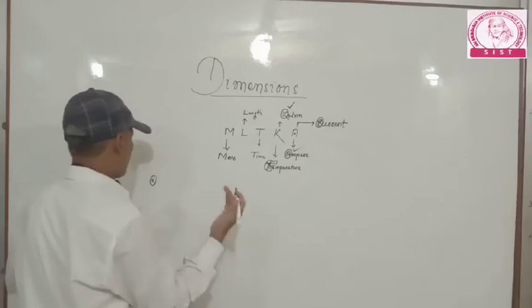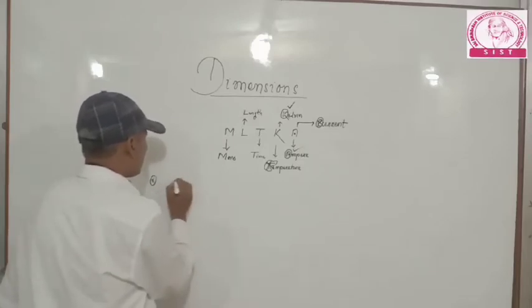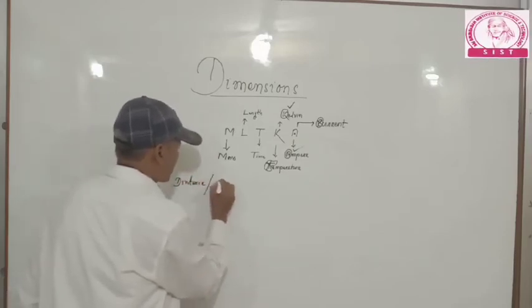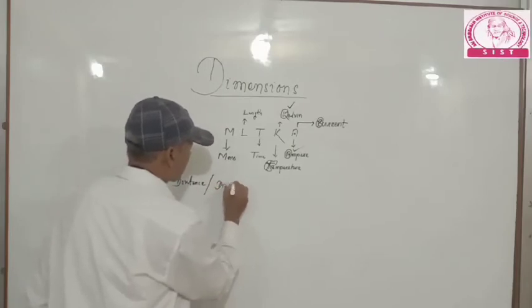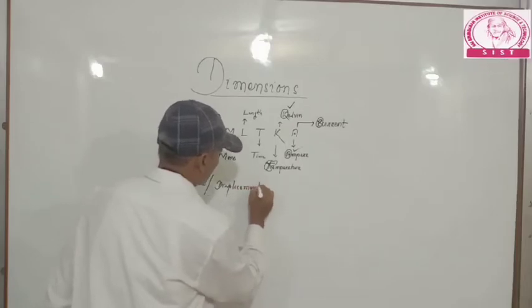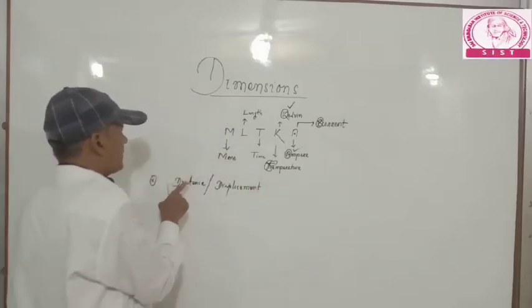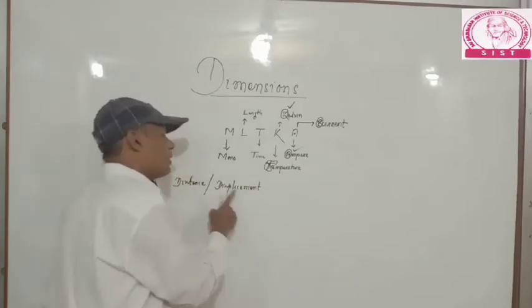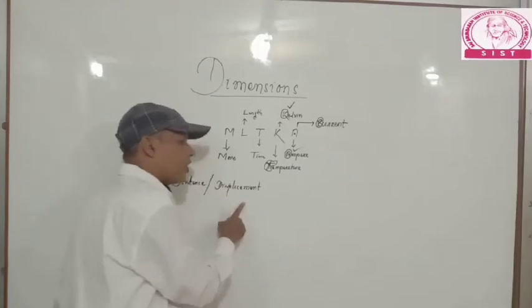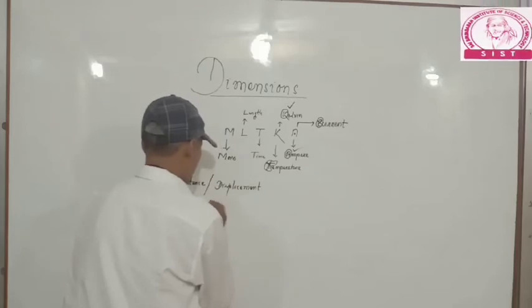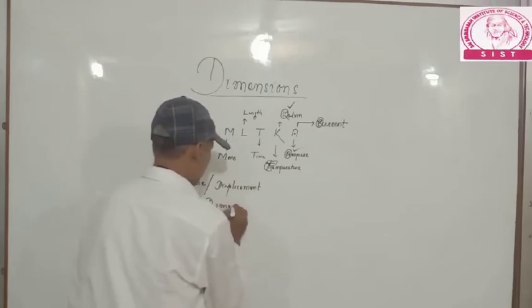Now let's start distance or displacement. You see, this is a scalar quantity, this is a vector quantity, but both the quantities represent length.